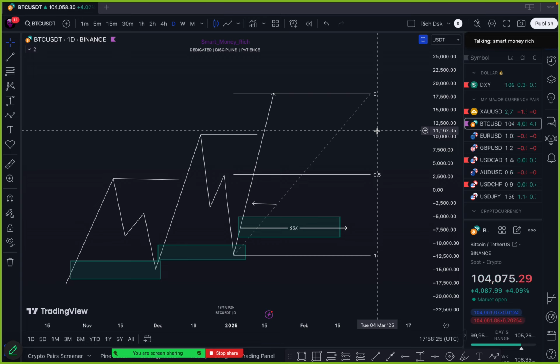So I always follow the full step of my analysis. I look at market trend first. We've done market trend. I then look at market structure. Secondly, we've done market structure. I then look out for supply and demand zones. We've done supply and demand zones. And then I look out for other blocks with imbalances. We've also done other blocks with imbalances. That's why I'm doing this one now.